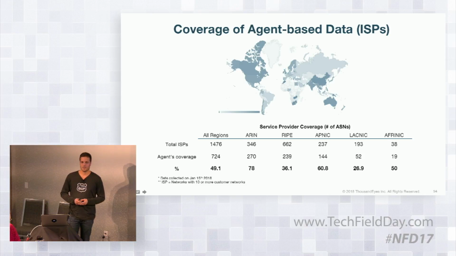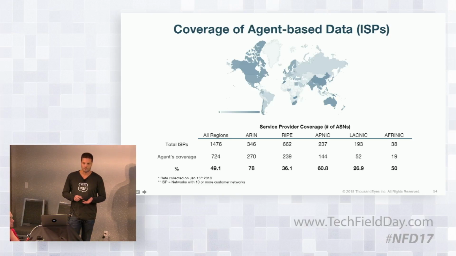What we did here was basically map each agent to a BGP prefix. An agent is installed inside the network, reachable through a BGP prefix. We map the prefix to the autonomous system it originates. And so we look at all the routing tables from those 600 routers and see how those routers are reaching each agent.